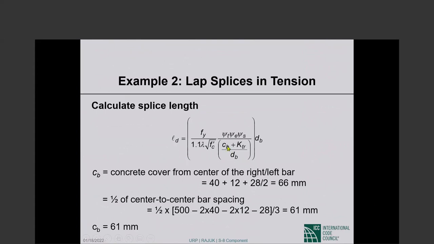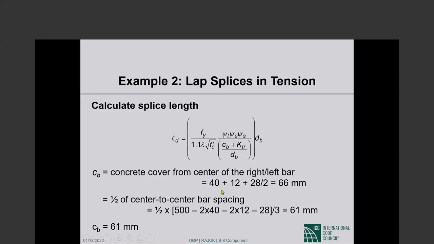So about the only thing we need now is the c sub b. c sub b is the smaller of two things: concrete cover from center of the right bar or the left bar, the bar that is nearest to the faces. So concrete cover from center of either the right bar or the left bar, it will be the same number.